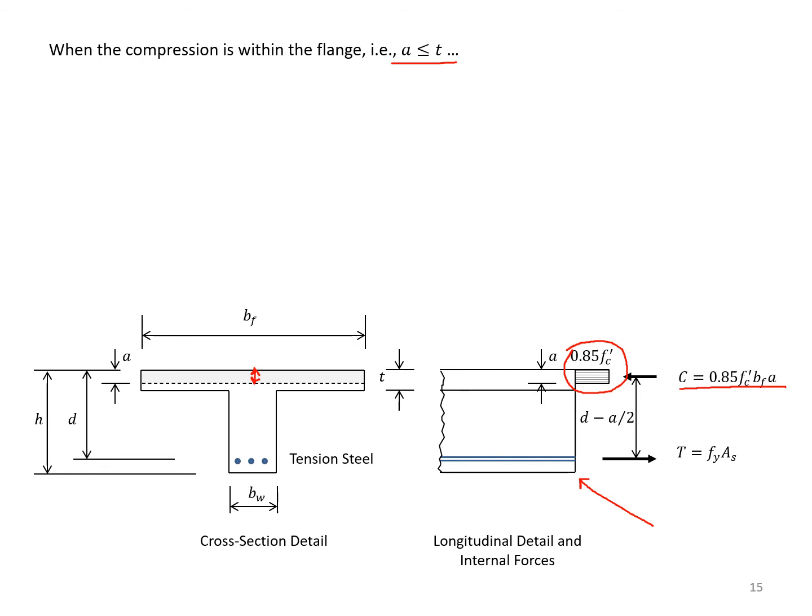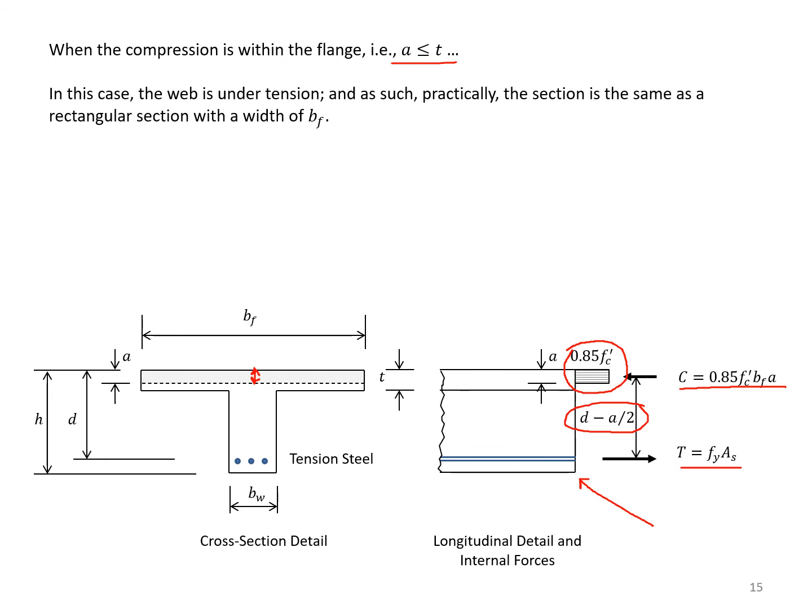The tension force is fy multiplied by area of steel, and the lever arm is d minus a over 2. So please keep these equations in mind. And also remember that in this case, the width is equal to bf.